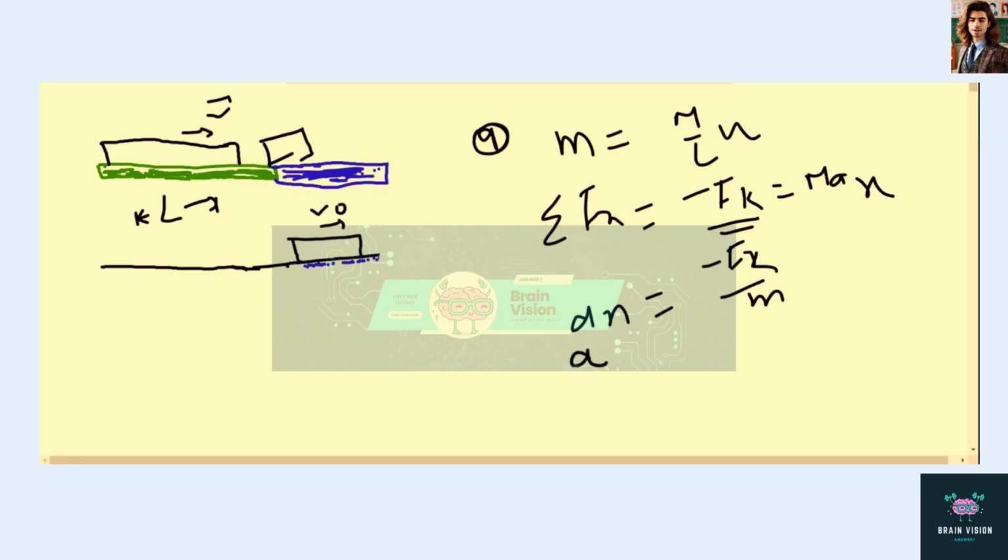So ax will be minus mu Fn upon m, because friction force is mu Fn.